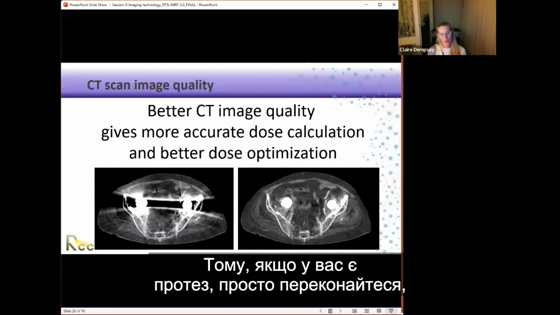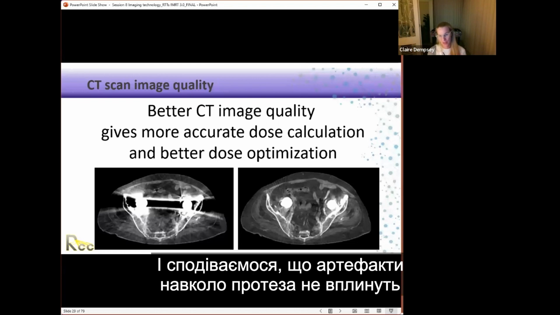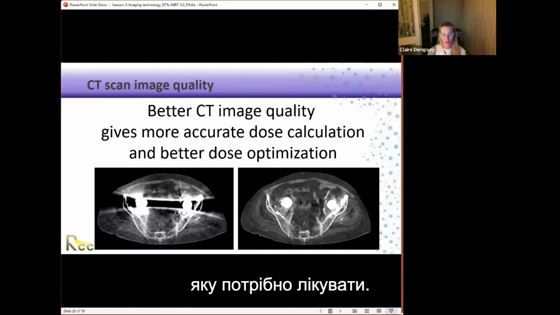So if you have a prosthesis, you just make sure you've contoured it and overridden the density of everything around it, and hopefully the artifacts around the prosthesis don't impact the ability to see the spine and the associated area that you need to treat. So it's really difficult to say.